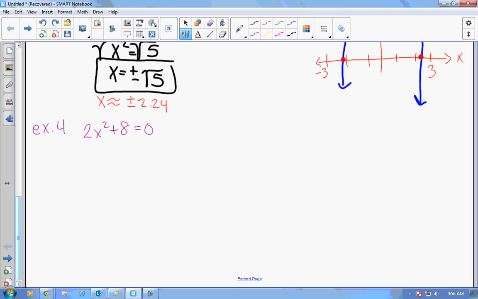What number times itself is negative 4? Can 2 times 2 be negative 4? Oh no. Can negative 2 times negative 2 be negative 4? So is there a way to have a real number times itself be negative 4? Oh, I just said the i. Ah, there you go. You got it.